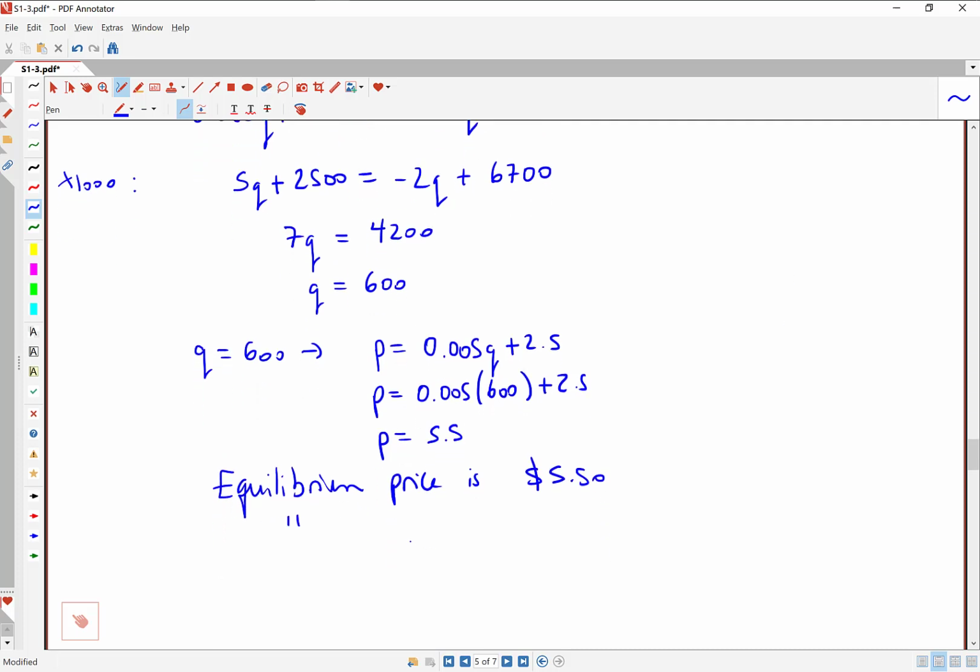And the equilibrium quantity is not exactly 600 because the quantity is measured in thousands, so it's actually 600,000. So if the manufacturer produced 600,000 units of this product and set the price at $5.50, everybody would be happy. There would be just a perfect amount of supply.